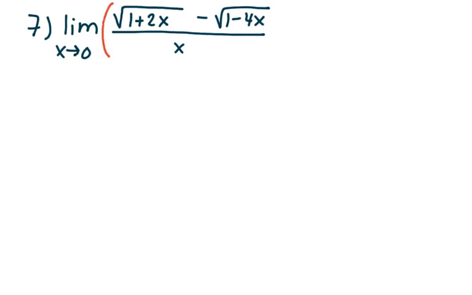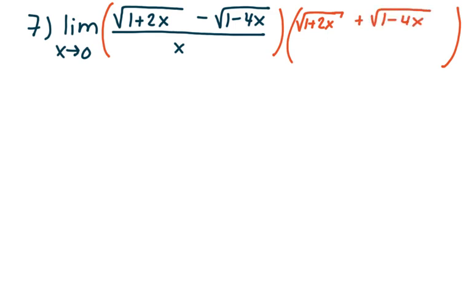In other words, I'm going to multiply by the square root of 1 plus 2x plus the square root of 1 minus 4x, divided by the square root of 1 plus 2x plus the square root of 1 minus 4x.